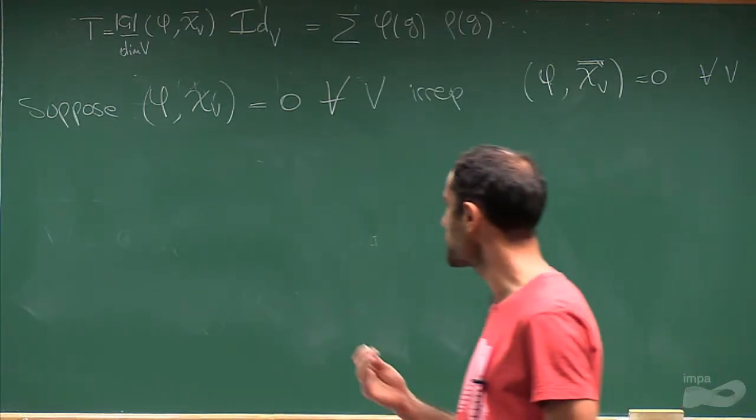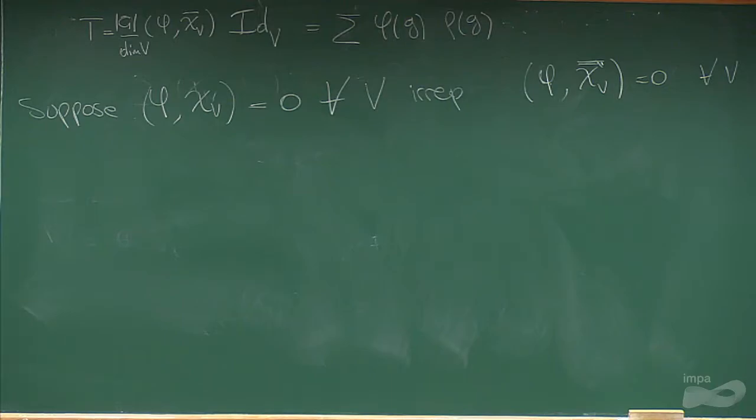I'd like to construct something like this, but not using the fact that V is an irreducible representation. Let's get some time to absorb this. So let's suppose that I take some V. For any V, this statement was true. This was an invariant.